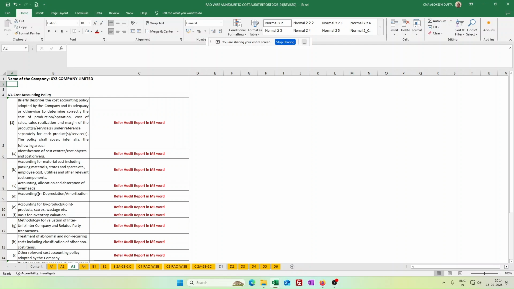That is to be written, but the policy cannot violate the cost accounting standards and CRA 1. I am telling you one example, that a big public sector undertaking, I have qualified the report because their cost accounting policy is not as per cost accounting standard.